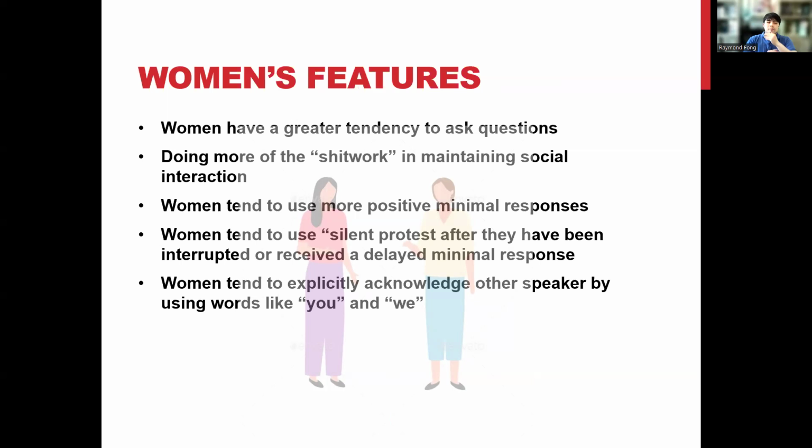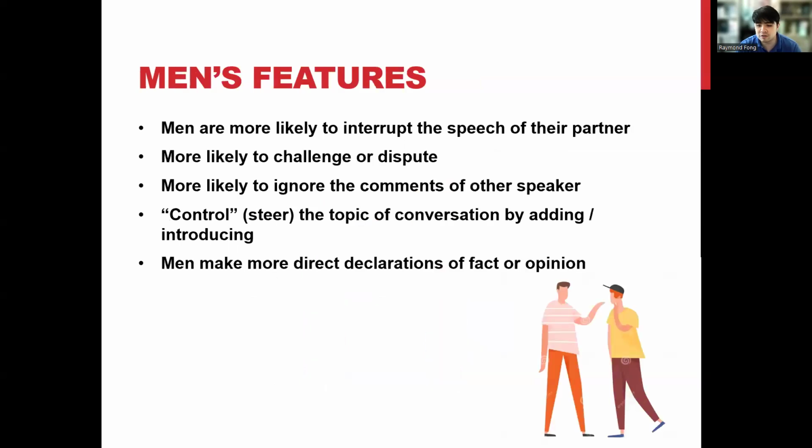So, interesting features here. We'll talk about the end, but it's very interesting because I also think, at least from my classes, that people tend to agree that this is still a thing, right? Remember, this article was written in the 1980s. We'll talk about that later. But okay, moving on to men's features, right?